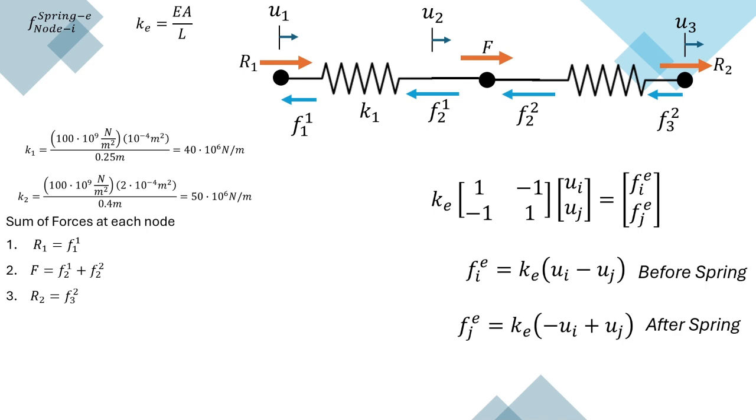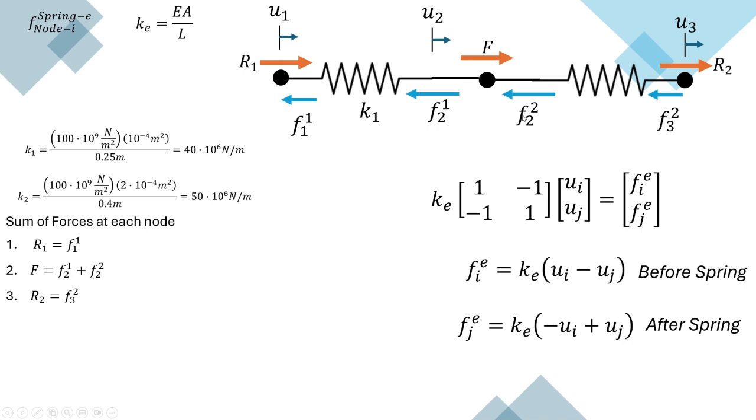Anyways, let's walk through and do a sum of forces at each node. For node 1, we have R1 pointing to the right, and then we have F11 pointing to the left, right? Then node 2, we have F pointing to the right, and after our first spring, we have to make sure we do our after-spring value here. And then we have another spring here, so we have to do a before-spring value.